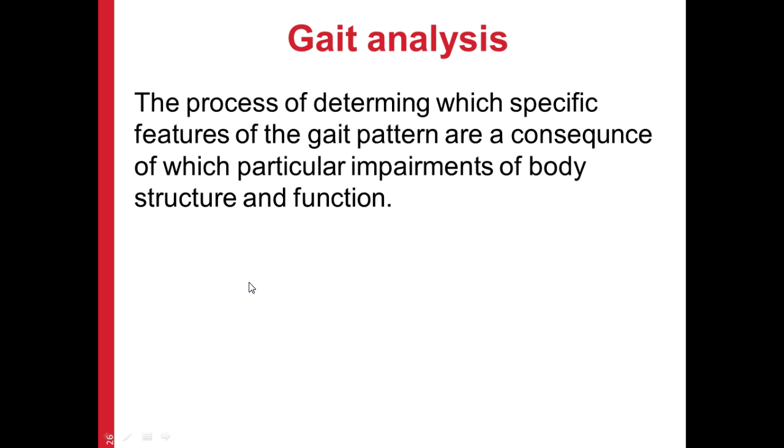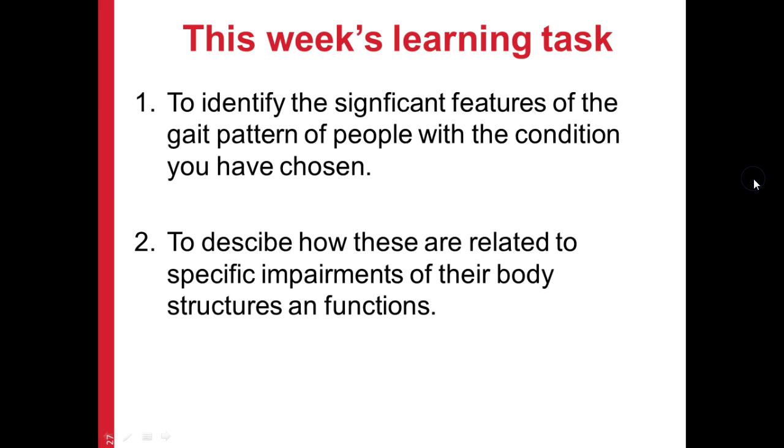Let's just restate this formally and define gait analysis as the process of determining which specific features of the gait pattern are a consequence of which particular impairments of body structure and function. This is going to inform this week's learning task, which is in two parts.